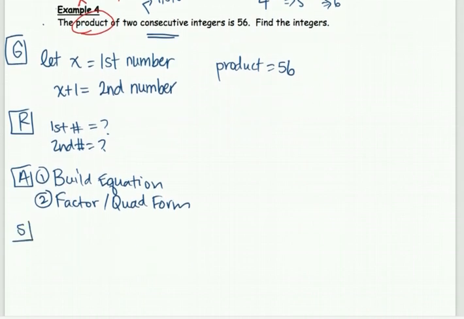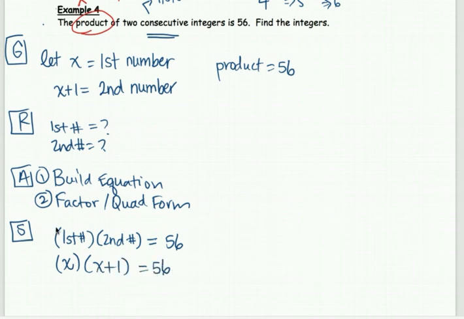All right, so let's build the equation. Hopefully building equations isn't too bad now. We know that the product means I'm going to take the first number and multiply the second number, and the product is 56. So if I take the two numbers and multiply them, I'll get 56. I actually have variables for the first number and the second number, so let's plug those in.